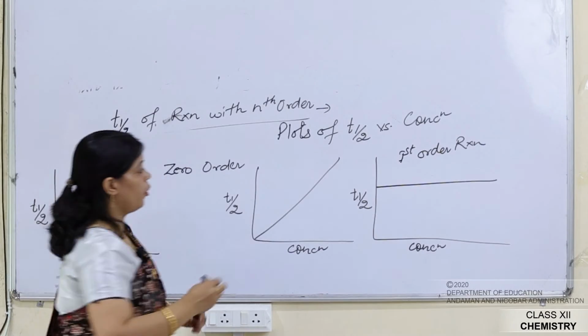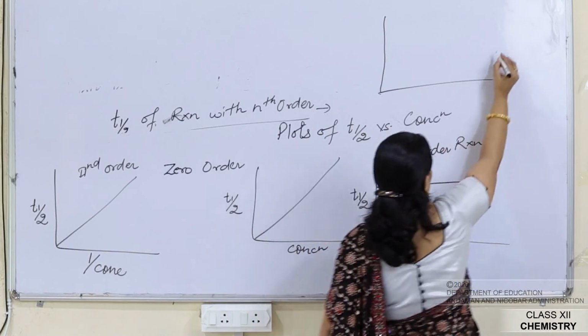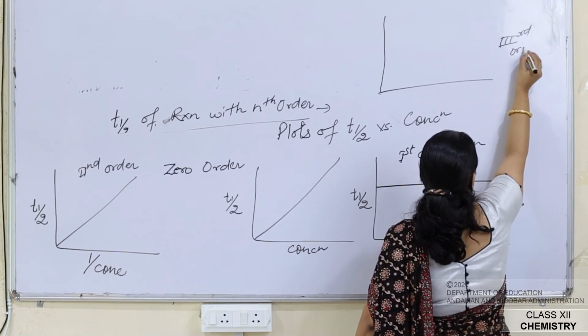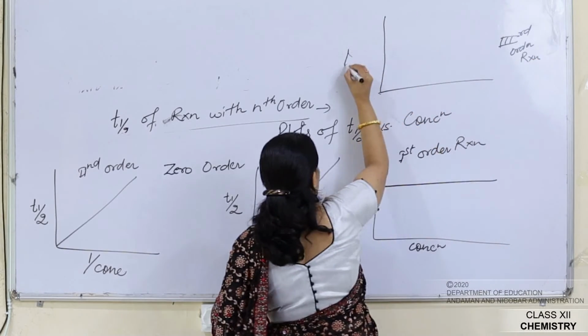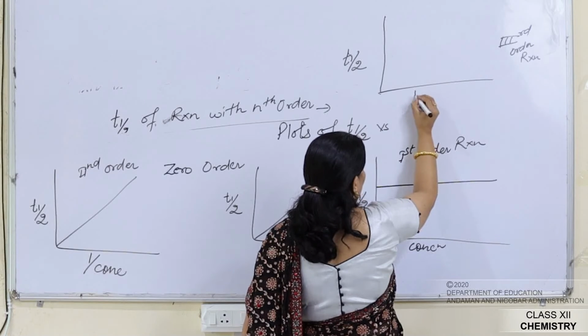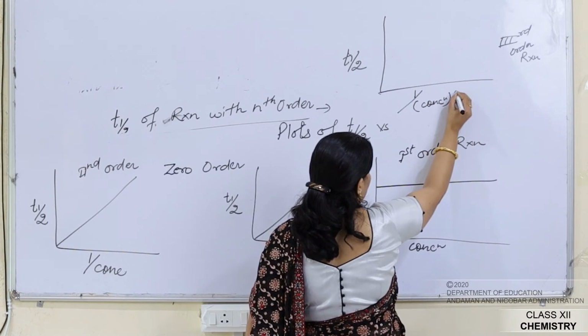Similarly, for third order reaction, here we take the T half and here 1 by concentration square.